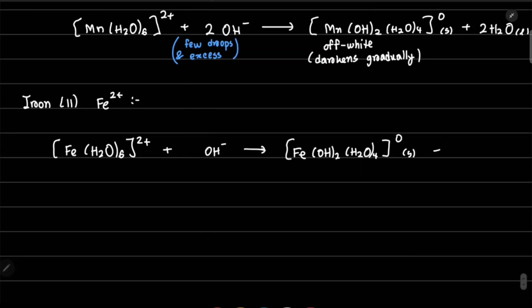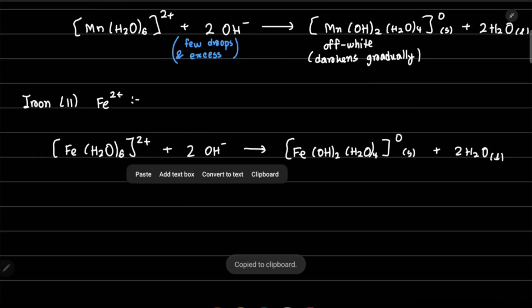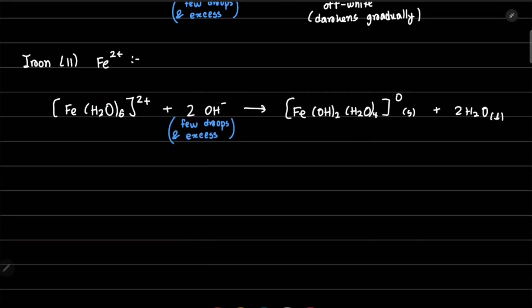This is a solid. We get 2 moles of water out from here. We have 2 moles of OH minus. This is also the same case, so it's the case if we have excess or few drops. The color of this precipitate is mud green.